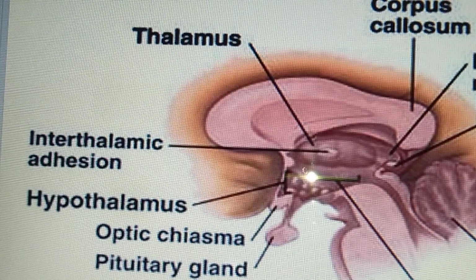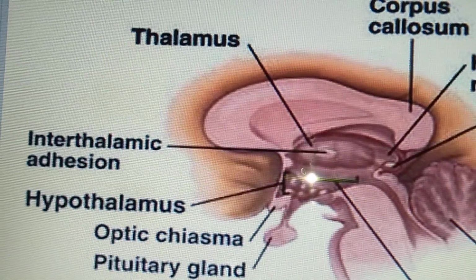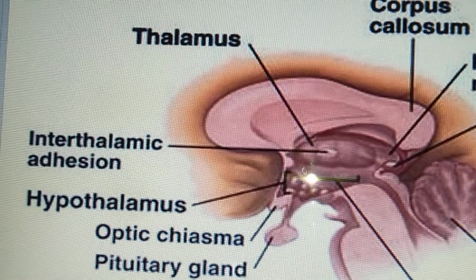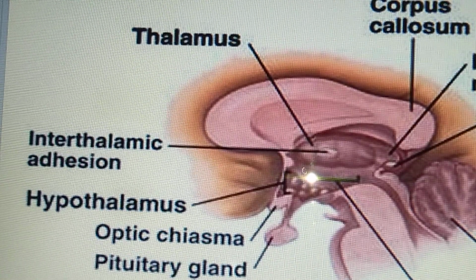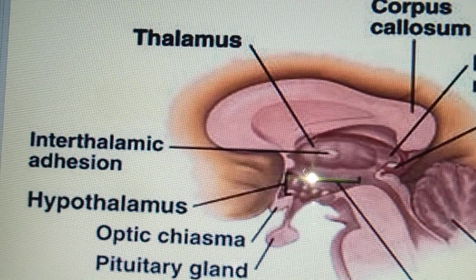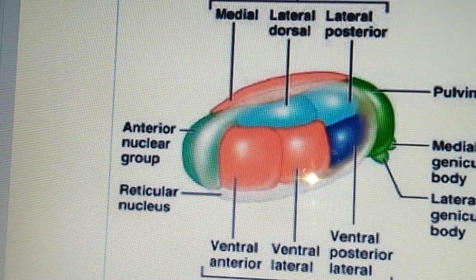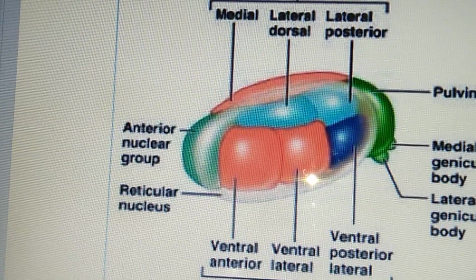The lateral surface forms the medial boundary of the posterior limb of the internal capsule. We have the diagram for it, but you won't be able to understand it right now. You can just see the relation of the thalamus to the internal capsule.